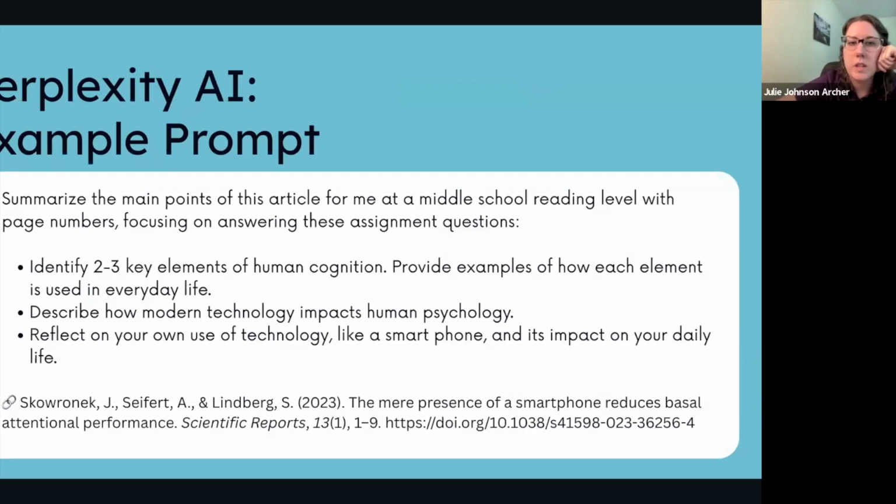Summarize the main points of this article for me at a middle school reading level with page numbers, focusing on answering these assignment questions. And I just made up an example assignment for this one, but kind of followed the example of many Psychology 120 assignments. So we listed those in bullet point, and then I attached a journal article that I found from the ACU library.